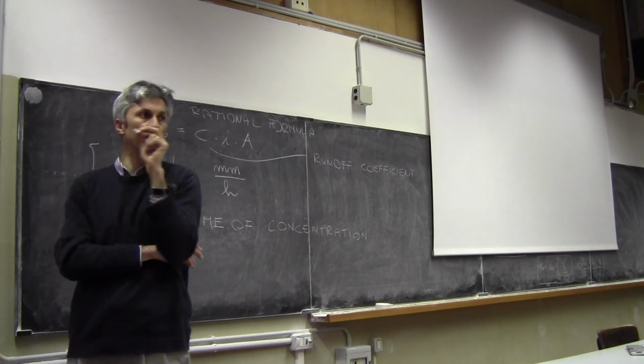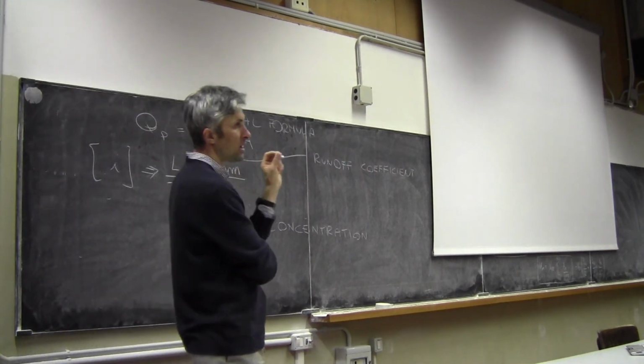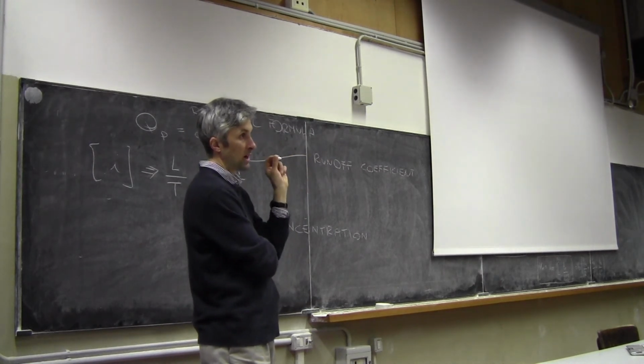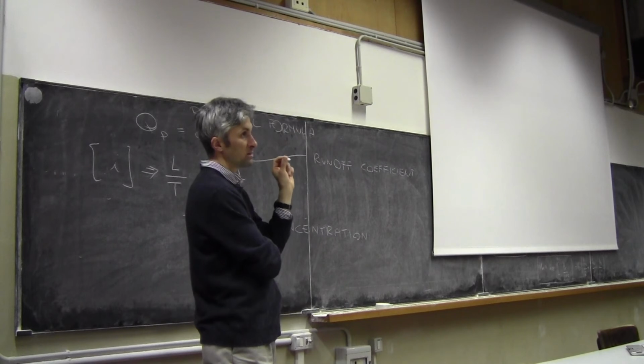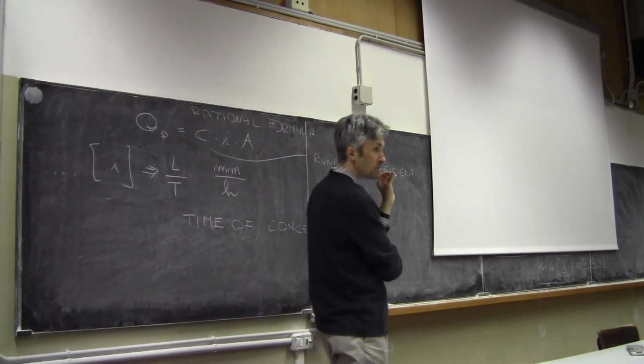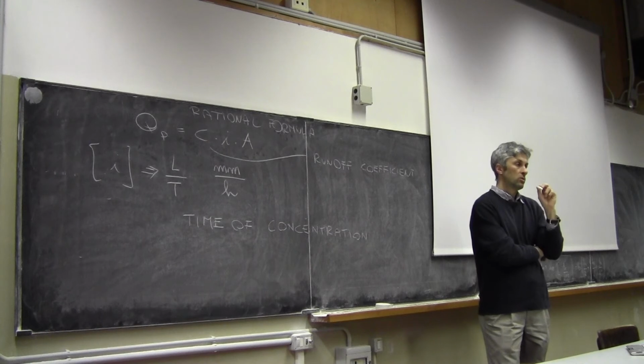You could also define it by saying it's the maximum time taken by a drop to reach the catchment outlet. A drop of rain. I forgot to say a drop of rain. I think it's implicit, but let's be precise. What does this mean?